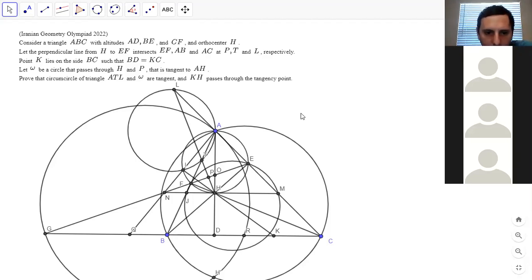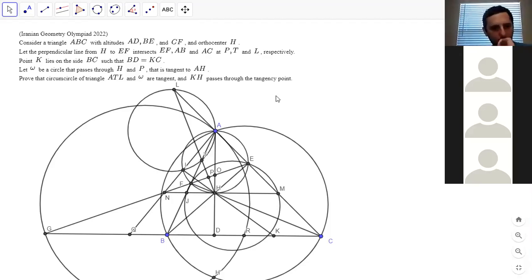And let's see. But wait, so JH squared over JF times JA. But we know that JF times JA equals JT times JA.